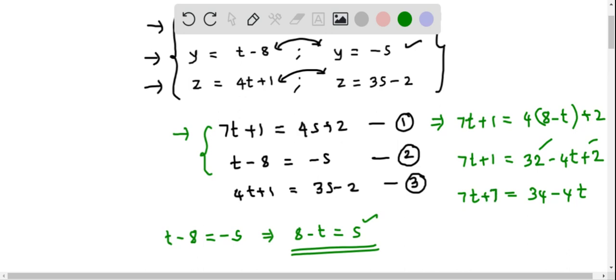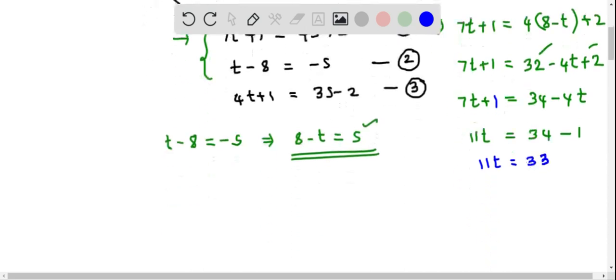Adding 4t will give 7t plus 4t is 11t, and this equals 34 minus 1, because this is actually 1, it is not 7t. So let me correct this. So we get 11t equals 34 minus 1 is 33.